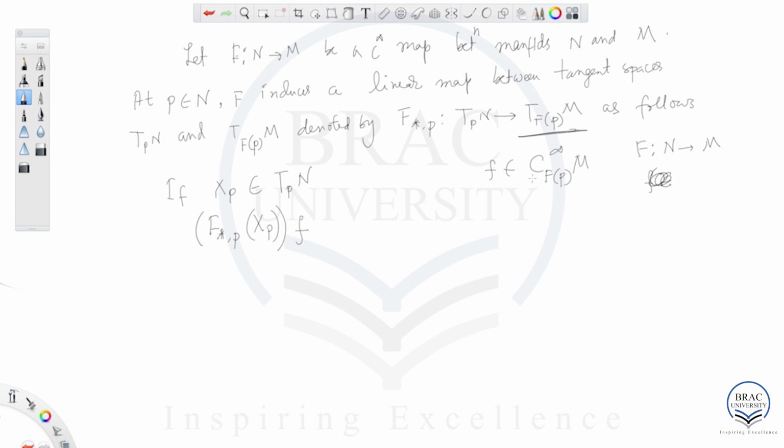So it is a germ of smooth functions at F of p in M. So what is f composed with big F? Big F takes N to M, and then small f takes a neighborhood of F of p to R, right?